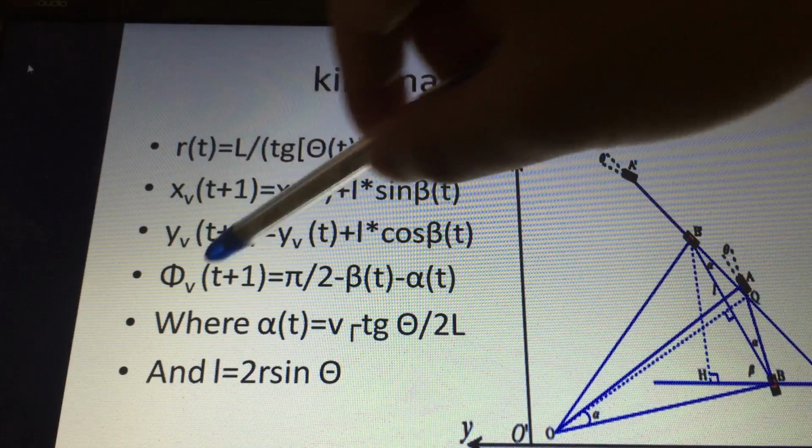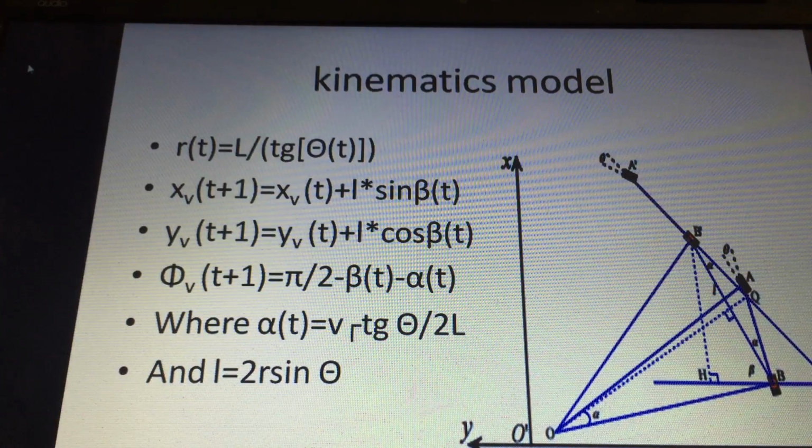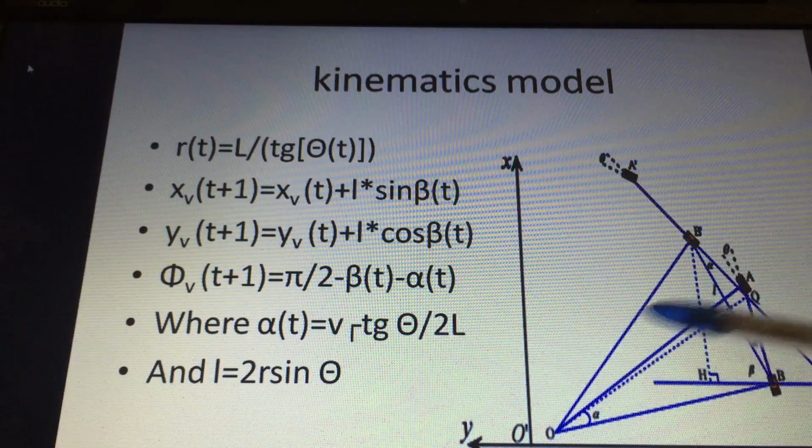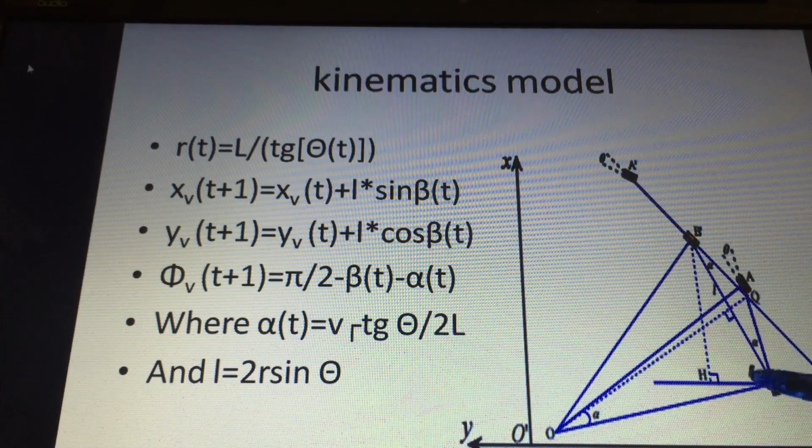And the heading angle phi of t plus 1 is equal to 90 degrees minus beta minus alpha, where alpha is equal to v times tau times tan theta divided by 2L, and this L is equal to 2R times sine theta, where R is the radius of the wheels.